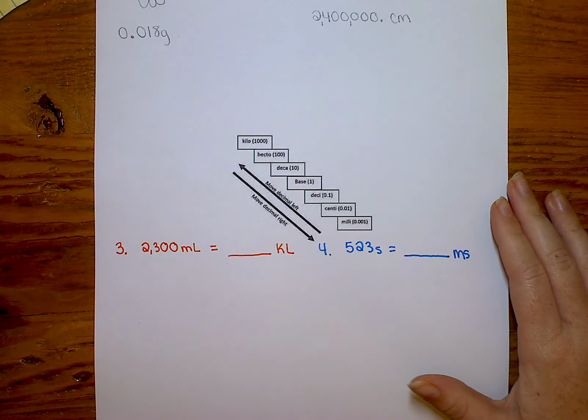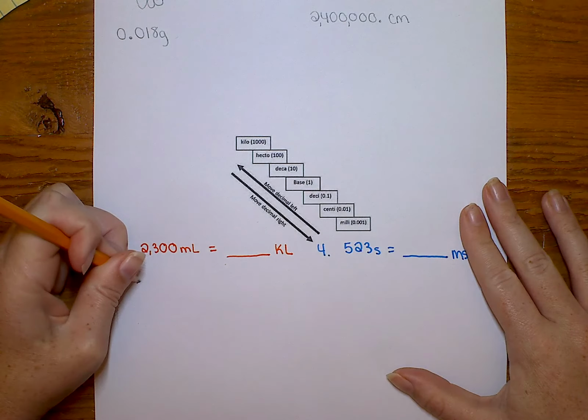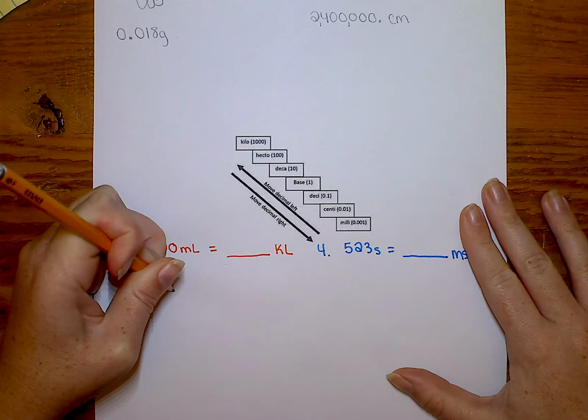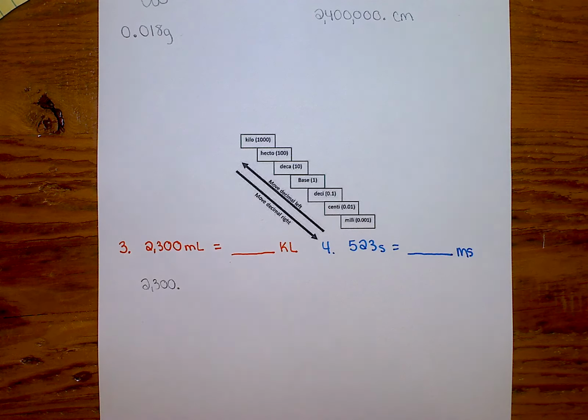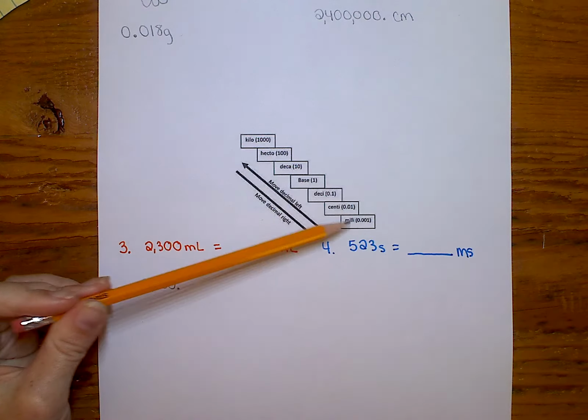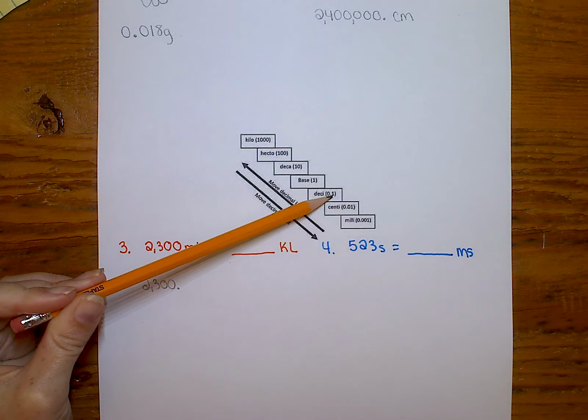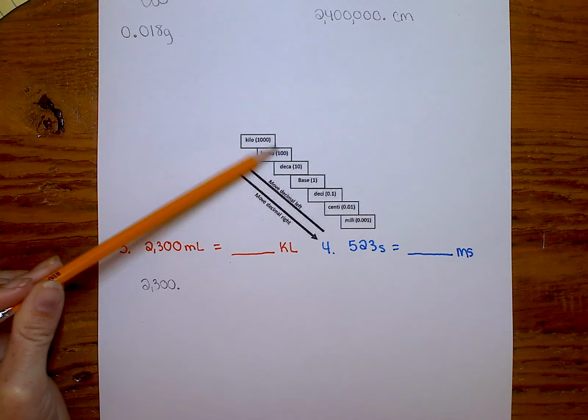We have 2,300 milliliters. And so our decimal point goes right there after the ones place. This time we're going to go from milliliters to kiloliters. So we start at milli. It's right here. How many places are we going to move? We're going to move 1, 2, 3, 4, 5, 6.